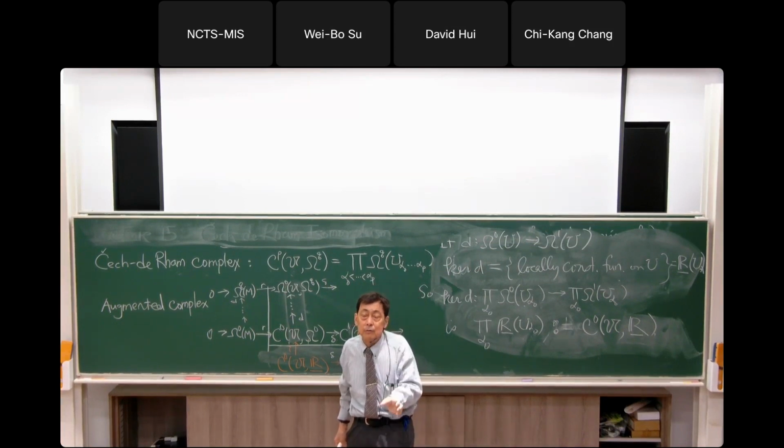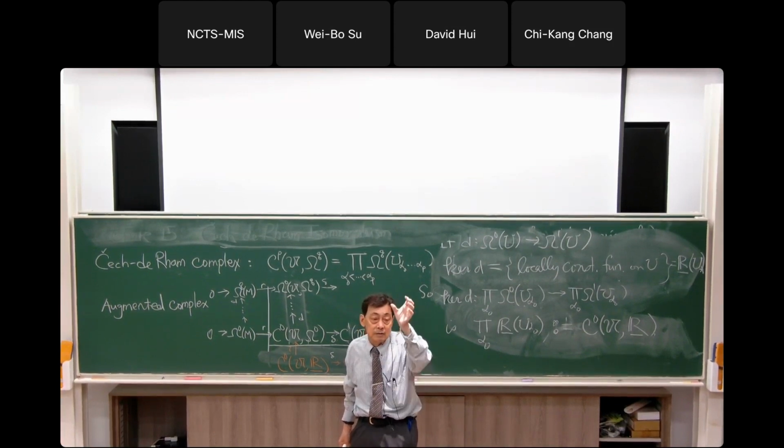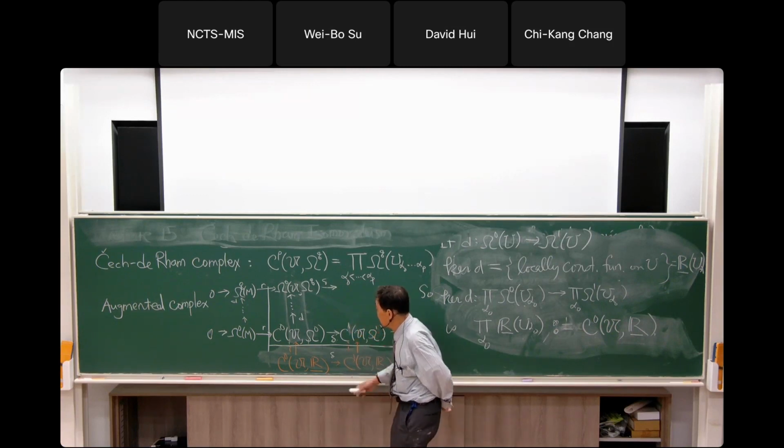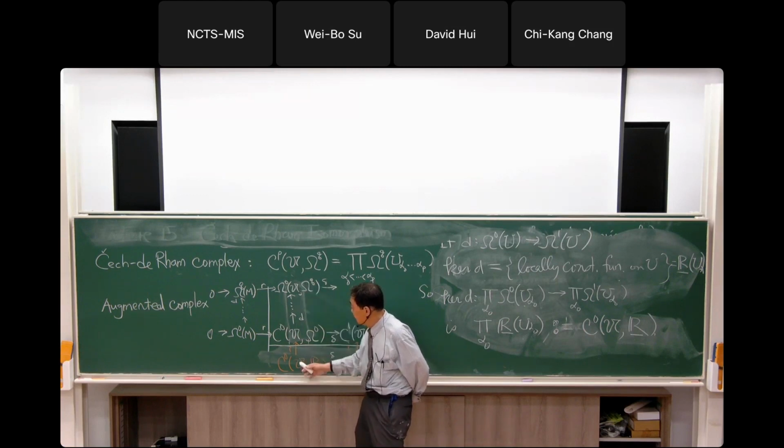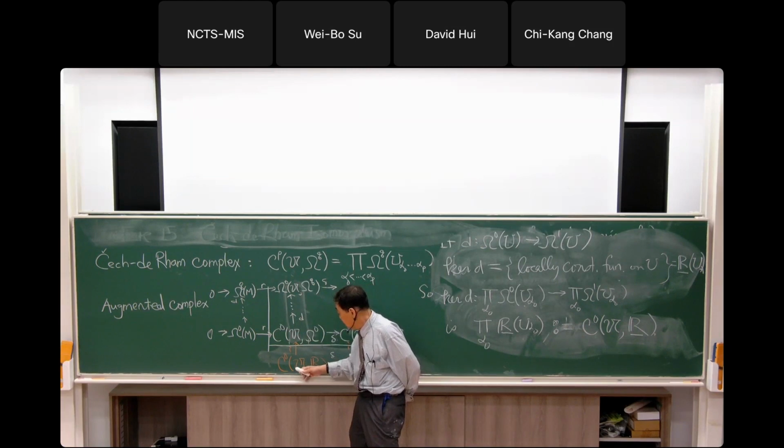When do you know that the cohomology of all the open sets is zero? Like here, in order for this column to be exact, the cohomology of all the open sets has to be zero.